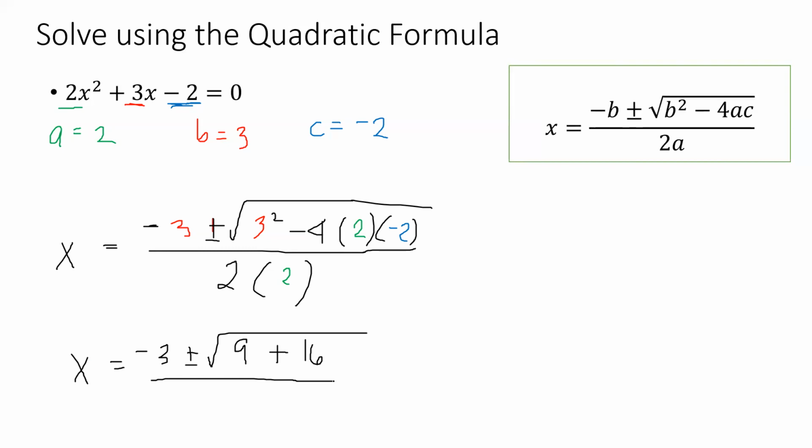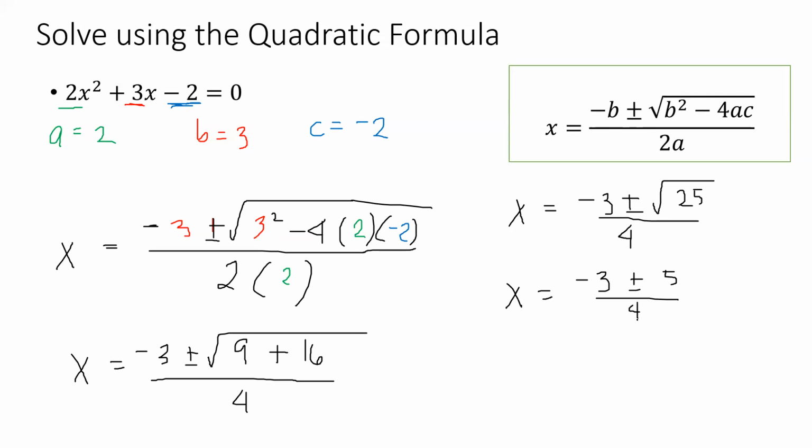And the denominator is 2 times 2, which is 4. If we further simplify, x is equal to -3 plus or minus the square root of 25 over 4, so x is equal to -3 plus or minus 5 over 4, since the square root of 25 is 5.